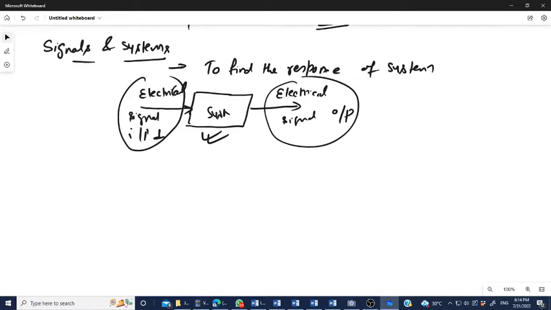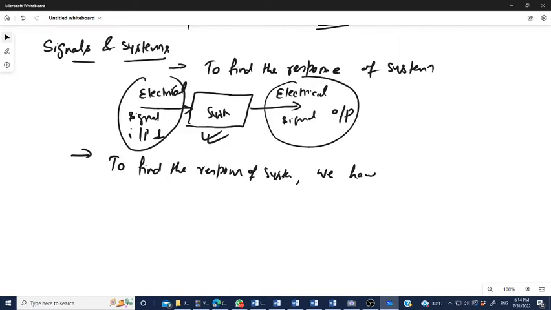In order to understand, or to find, the response of a system, we use different types of mathematical tools.